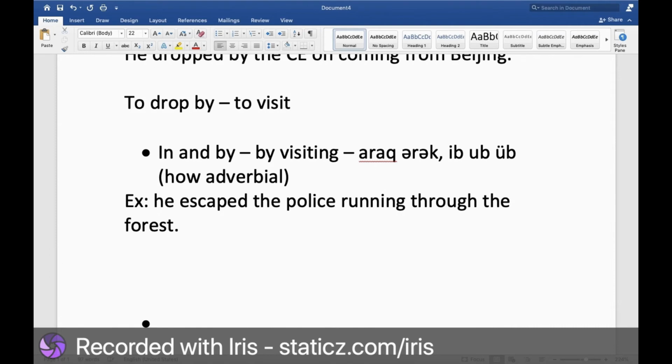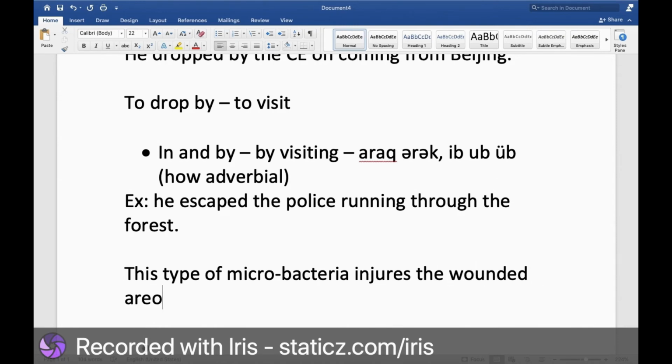For example, if you use a sentence like this: this type of microbacteria injures the wounded area of the teeth gum by injecting it on passing by.